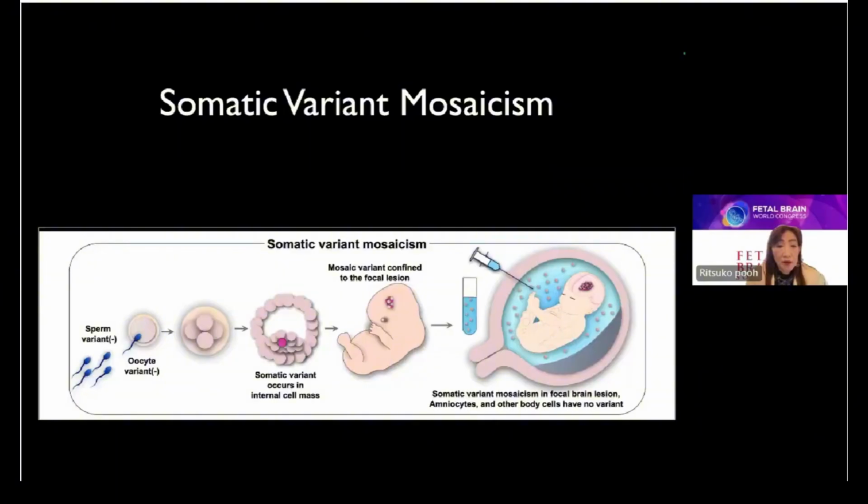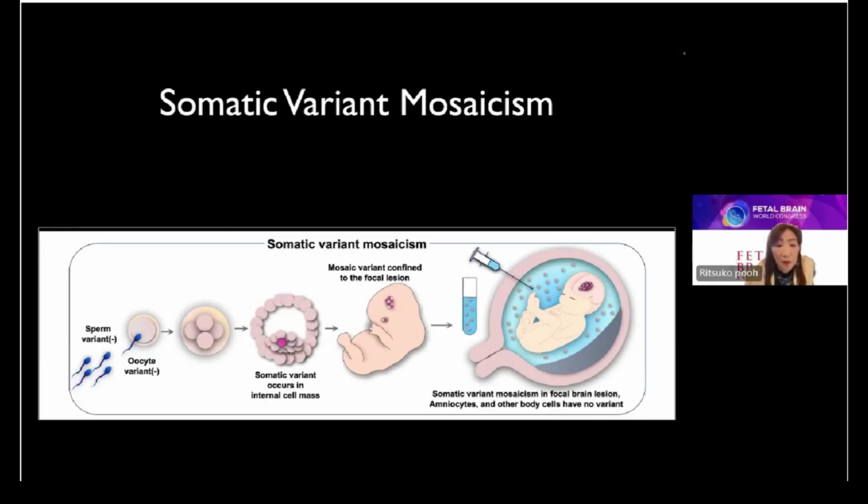Now, the somatic variant mosaicism. You've already been told about the somatic variants, which occur post-fertilization. The normal sperm and the normal oocyte fertilize, and after fertilization, some of the cells have the genetic variant.